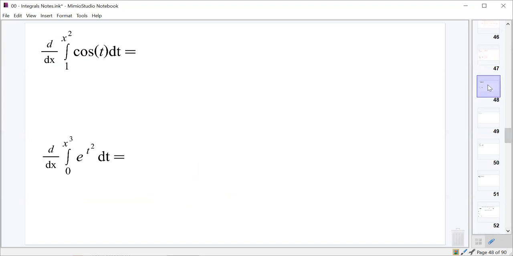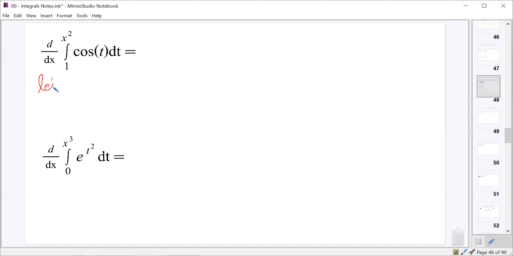They do get a little more difficult when the upper limit isn't just x, it's some other function. So if we think about this, the derivative with respect to x of an integral from 1 to x squared of cosine t. Well, we have to think about this in terms of the chain rule.